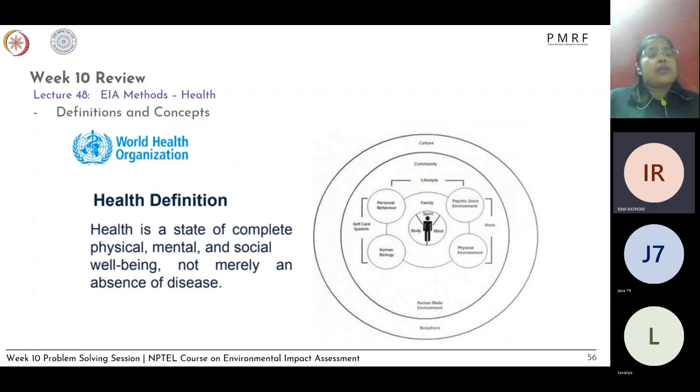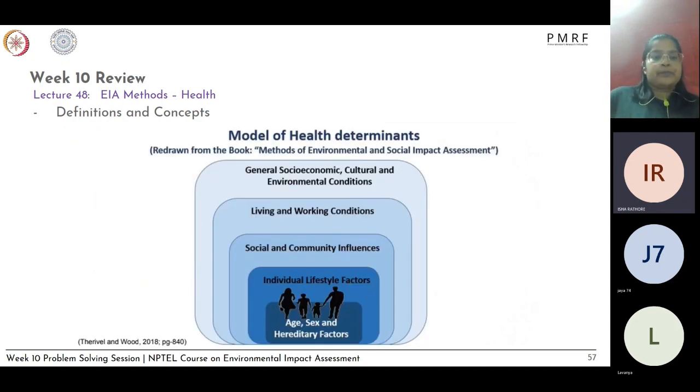And we also looked at definitions and concepts relating to health. So, health is a state of complete physical, mental, and social well being. And this is not merely an absence of any disease, but this is when you have a complete balance between your physical, mental, and social aspects of well being.